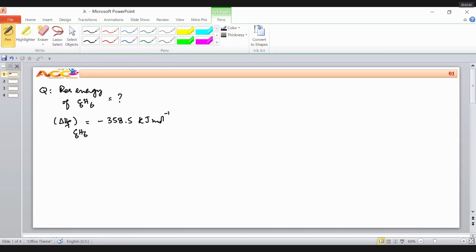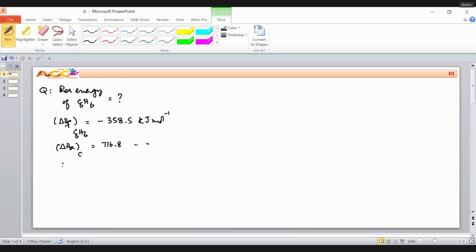Next, heat of atomization of carbon is equal to 716.8 kilojoules per mole.